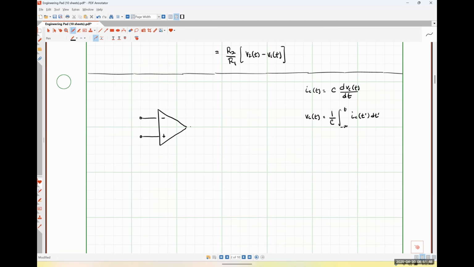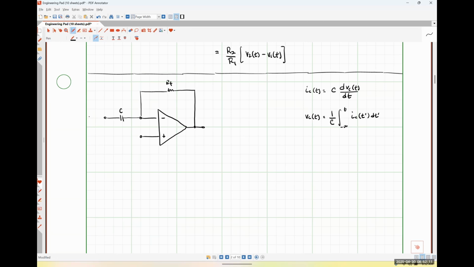So I've drawn my simple op amp. For this first circuit, I am going to put a resistor in the feedback position. So this will be RF. And instead of putting another resistor in, I'm going to place a capacitor here, C.